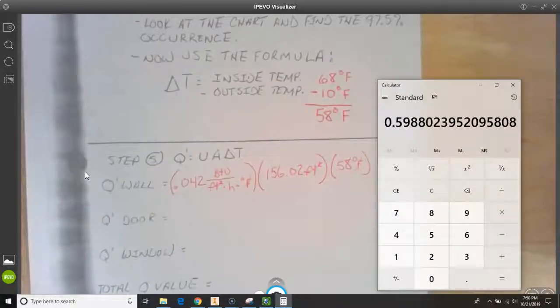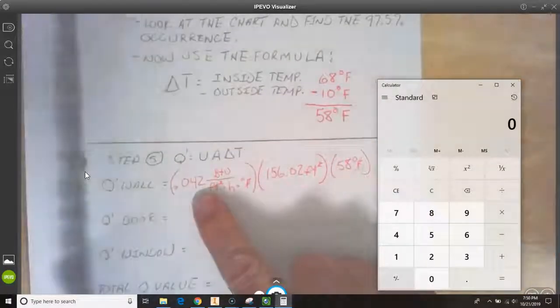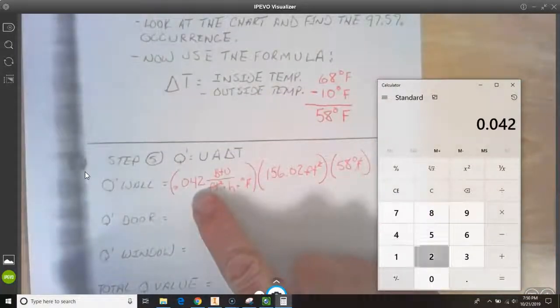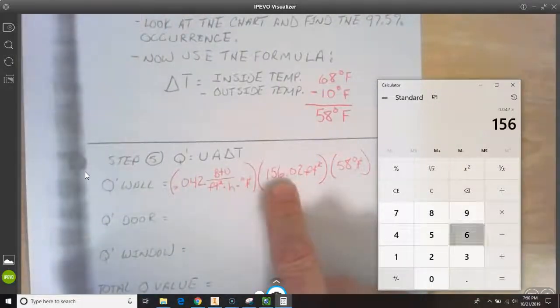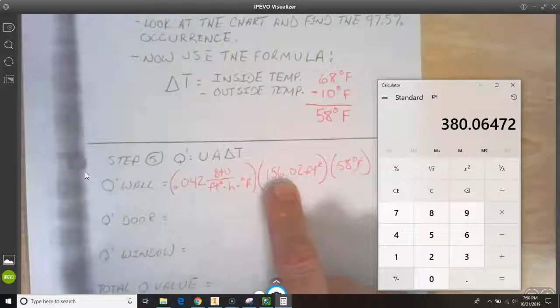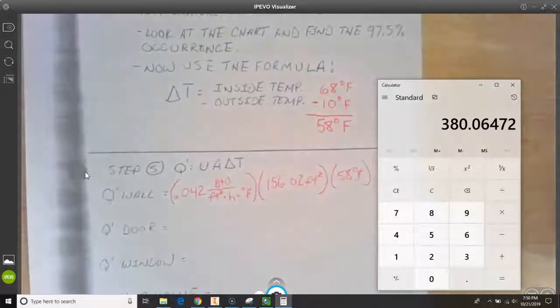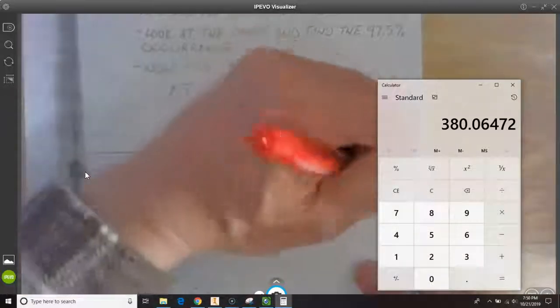So I'm going to multiply this, 0.042 times 156.02 times 58, and that is going to give me 380.06.